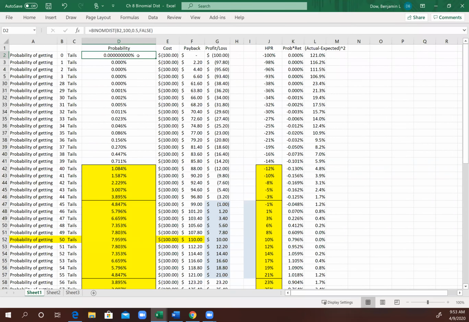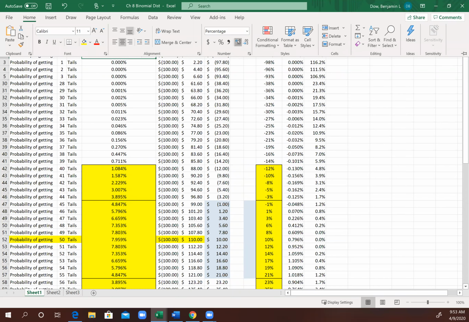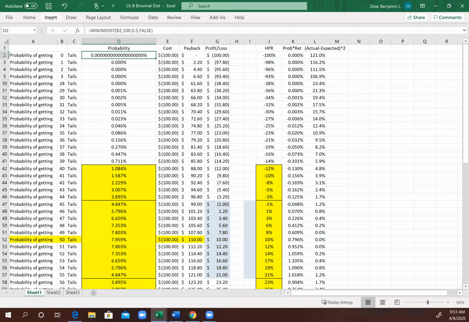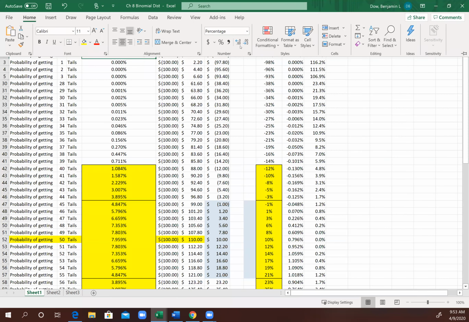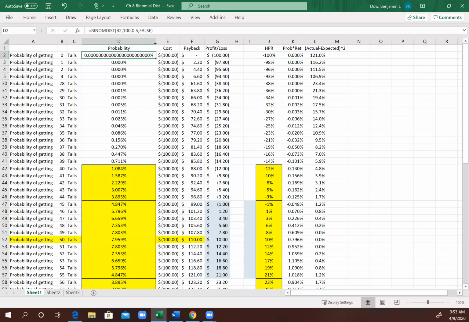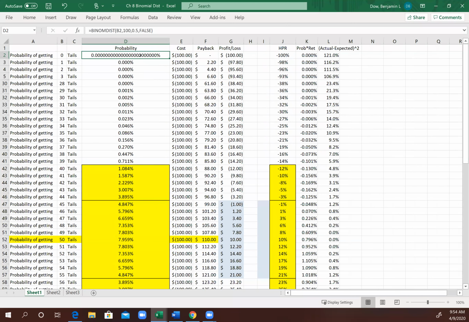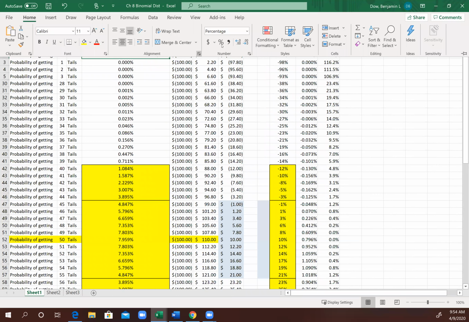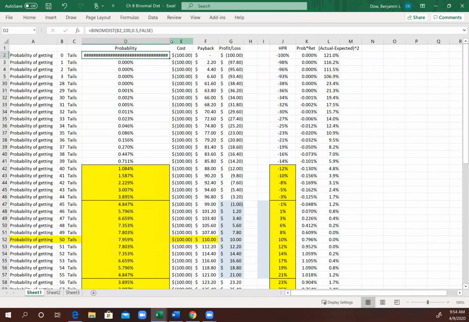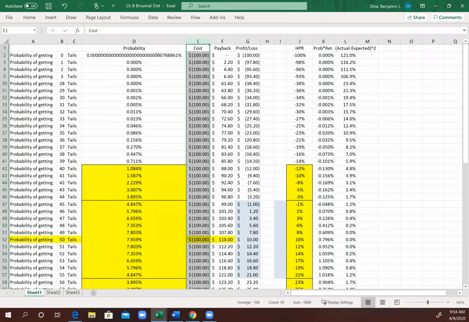The probability of getting all heads is whatever this is, 0.0000000.